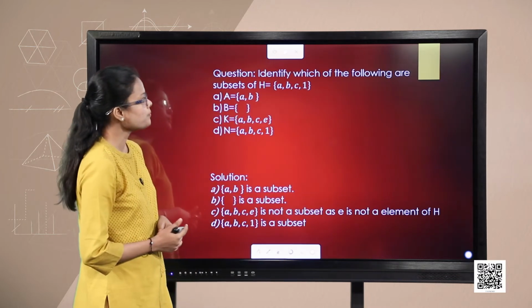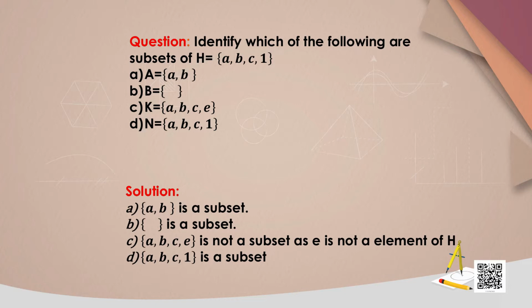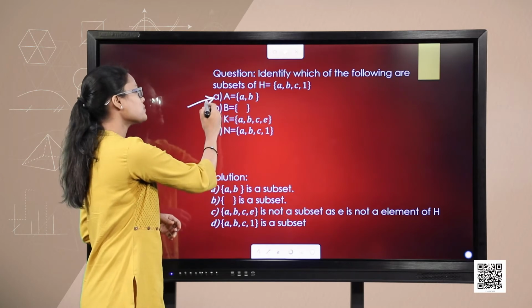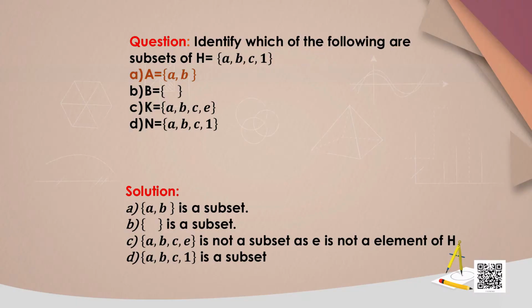In this question, we have to identify which of the following A, B, K and N is a subset of the set H. Let us start with the first part, which is A. It is representing a set A which has two elements, a and b. Yes, you may notice that each element a and b is also a member of the set H. So, A is a subset of H.